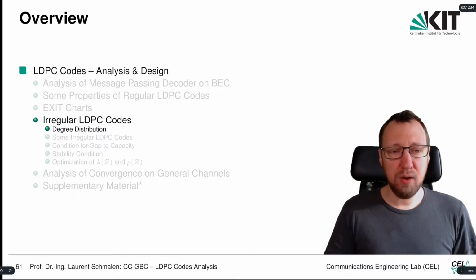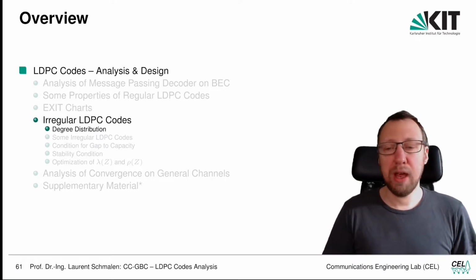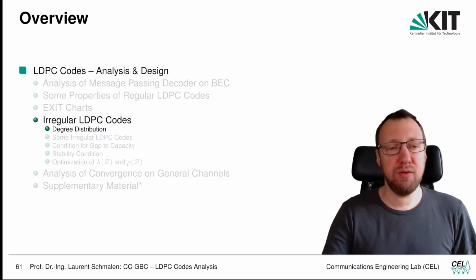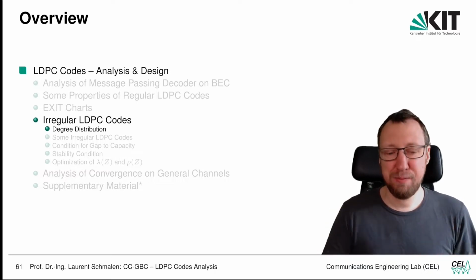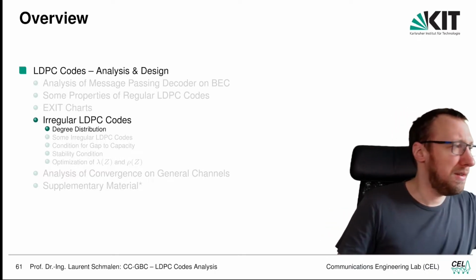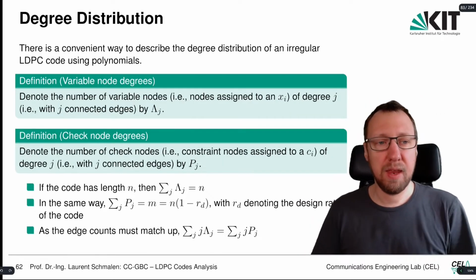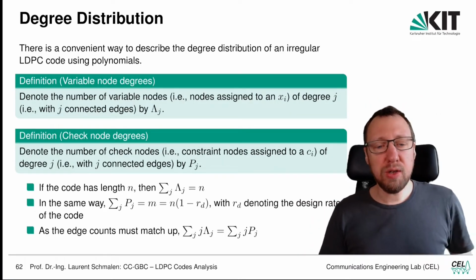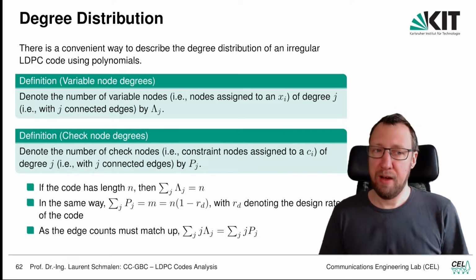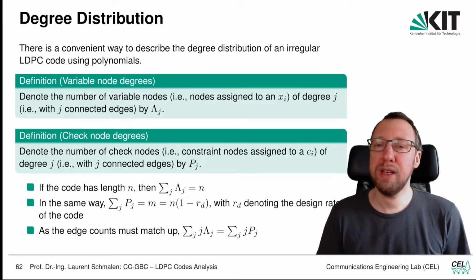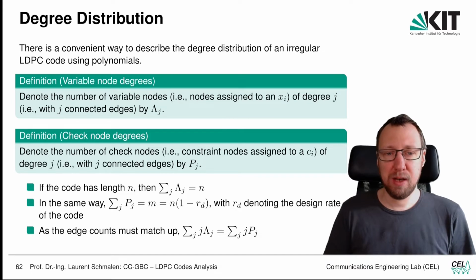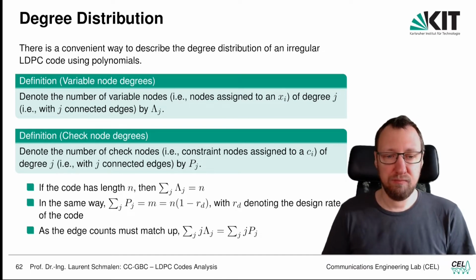Well, let's take a look, and we start by looking at something called the degree distribution. That's how we can specify these LDPC codes. The degree distribution is a very elegant and convenient way to describe irregular LDPC codes using polynomials.